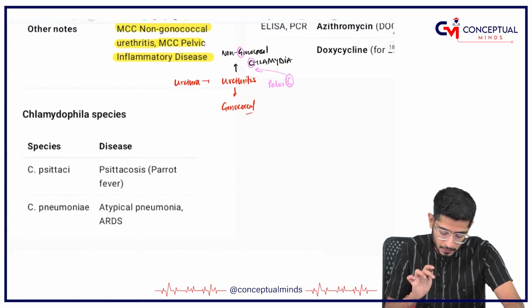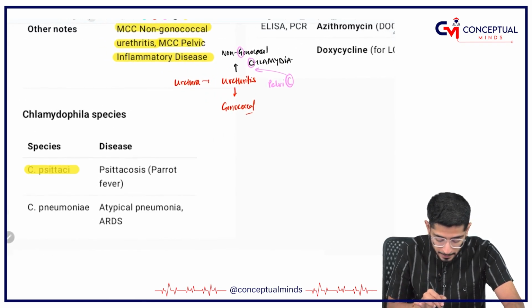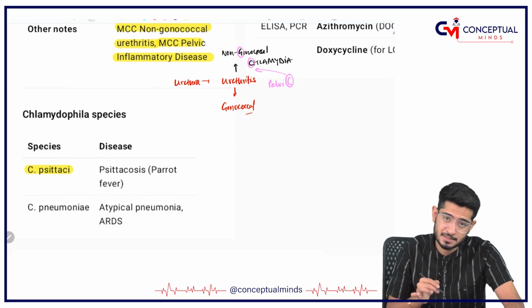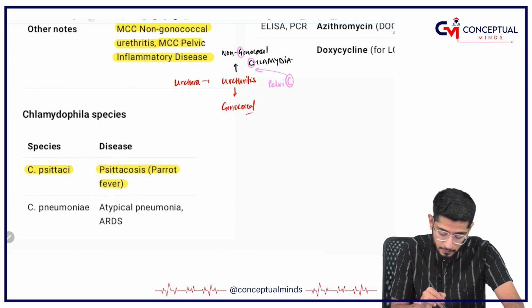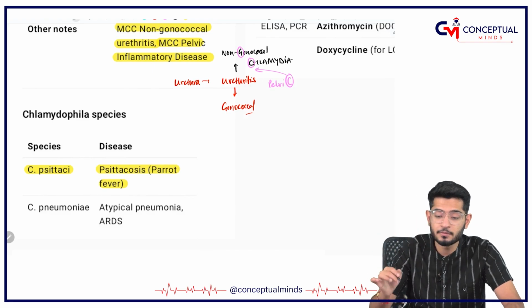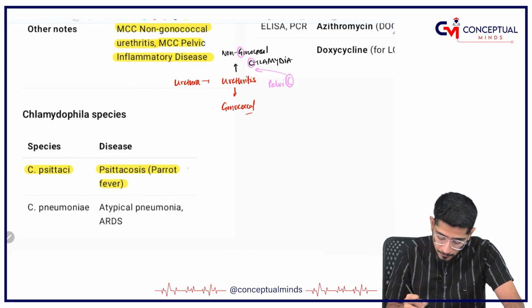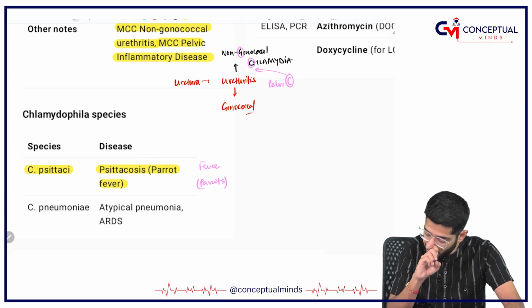Let me just teach you other Chlamydophila species. Chlamydophila psittaci, as the name suggests, causes psittacosis, that is parrot fever. That means it is responsible for causing fever and it is spread with the help of parrots. So it is a parrot fever.